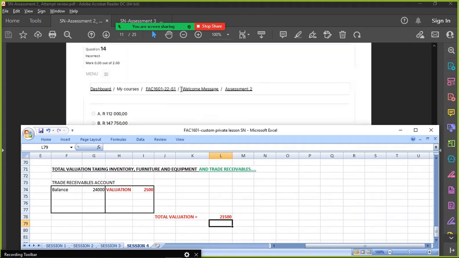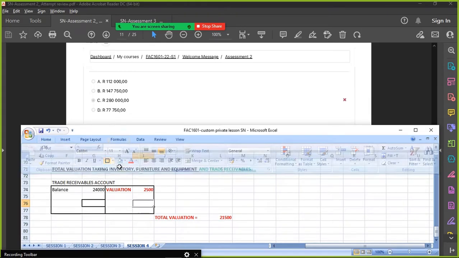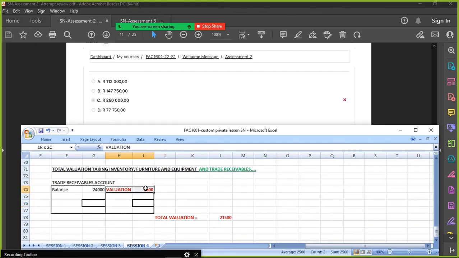Ooh, hold on. Okay, I need to do this first. So the valuation decreases. So your trade receivables will be 21,500.